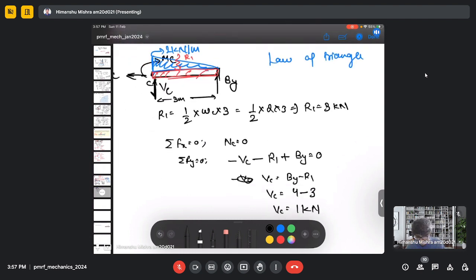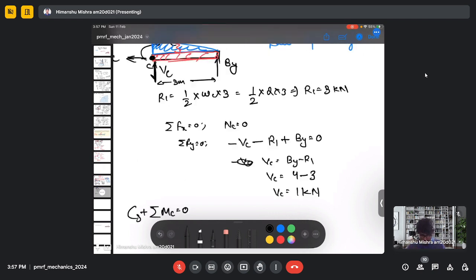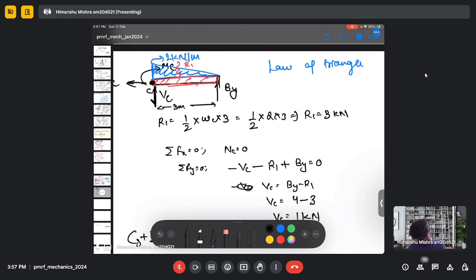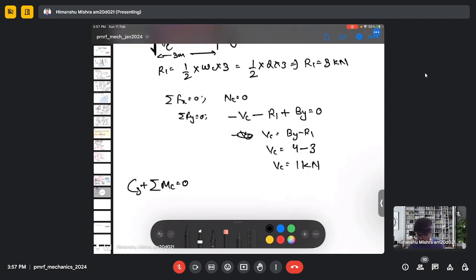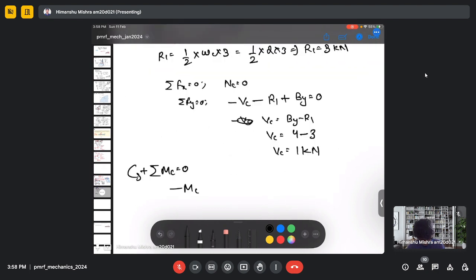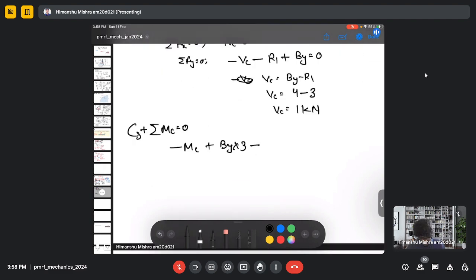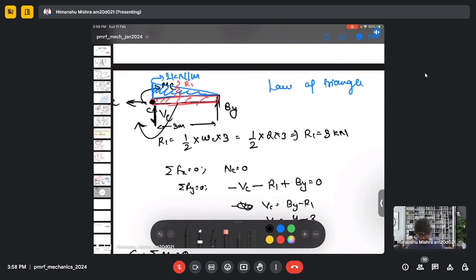Now we do the moment balance analysis along this point C. So we will have minus NC plus By times 3, and R1 is again in the clockwise direction along point C. So it is minus R1, and the location is again, let's say x bar 1, which is h1 by 3, and h1 is 3.